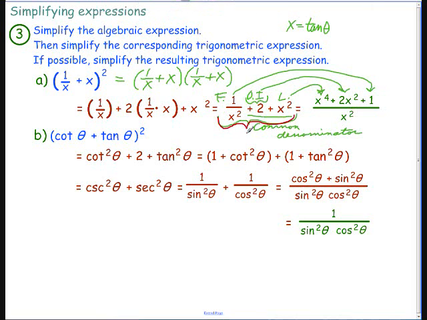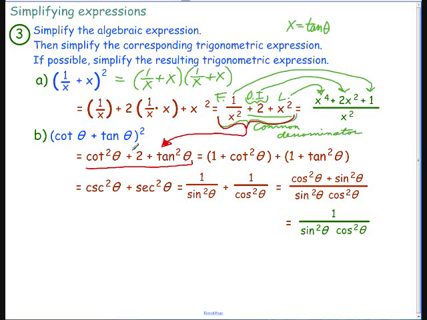This piece here is what I'm seeing right here, isn't it? 1 over x squared, if x is tangent theta, 1 over x squared is cotangent theta squared. And here's the 2 right here. And x squared is tangent squared theta. So that's where that came from.